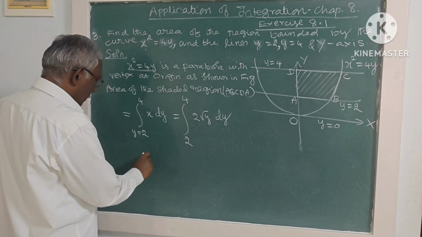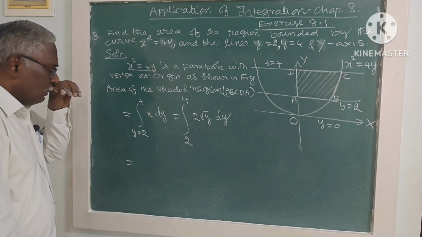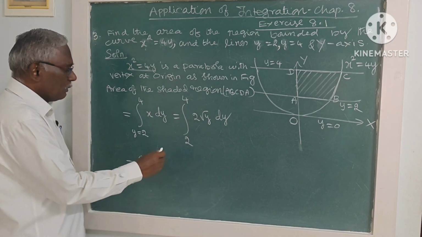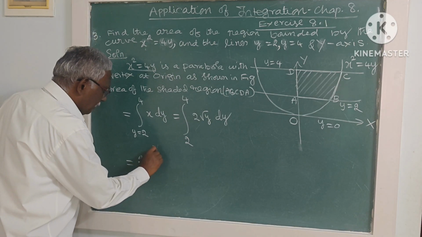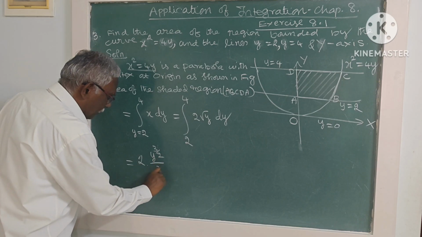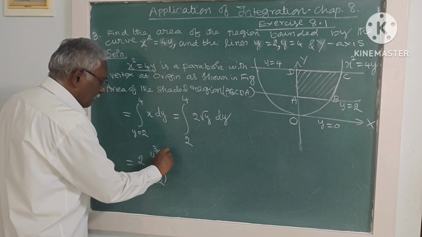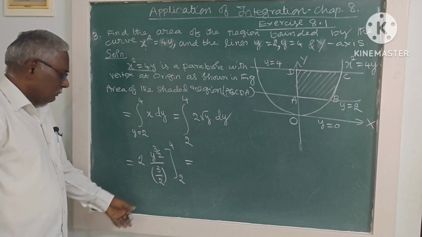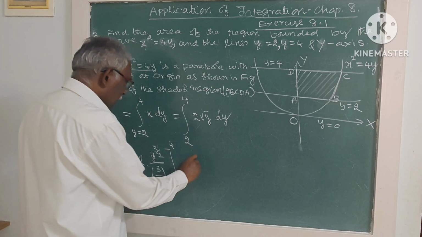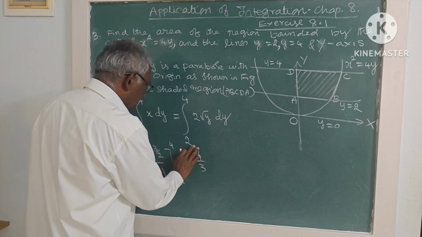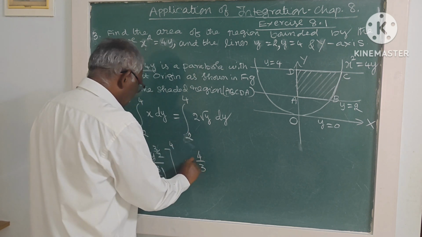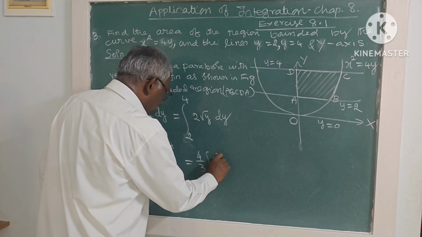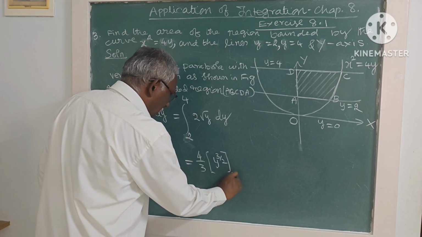So this is equal to 2 times, integrate root y with respect to y, what will we get? Y power 3 by 2 by 3 by 2, then limit 2 to 4. So this will be 4 by 3 y power 3 by 2, 2 to 4.